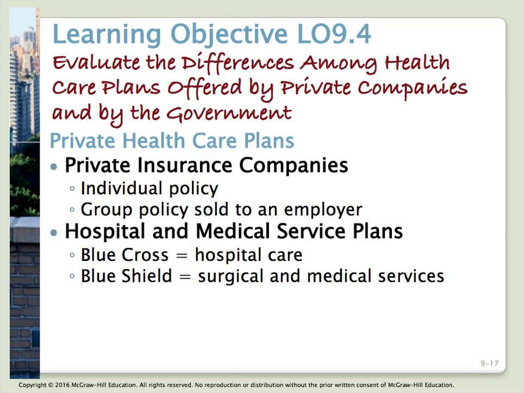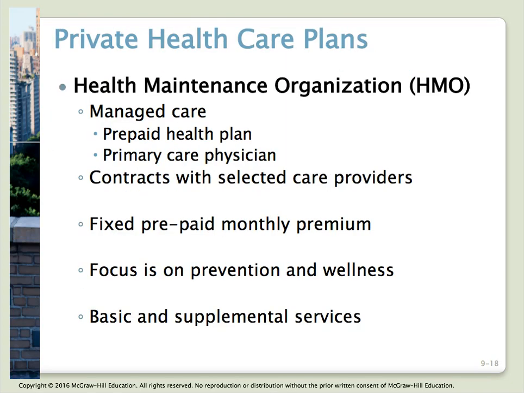Hospital and medical service plans are what define Blue Cross and Blue Shield. Those are pretty common names. You've probably heard of them before, but Blue Cross is hospital care, while Blue Shield is surgical and medical services. HMOs and PPOs are becoming more and more commonplace, and the reason is because they're considered managed care.